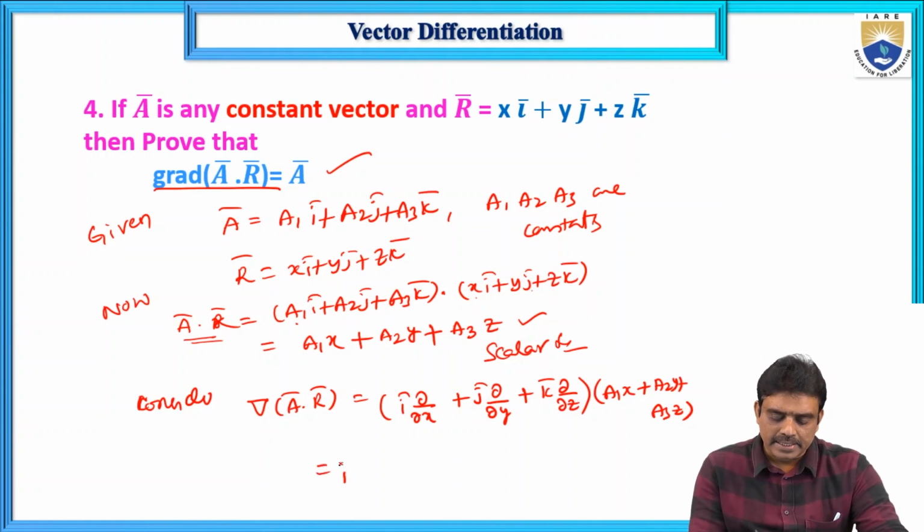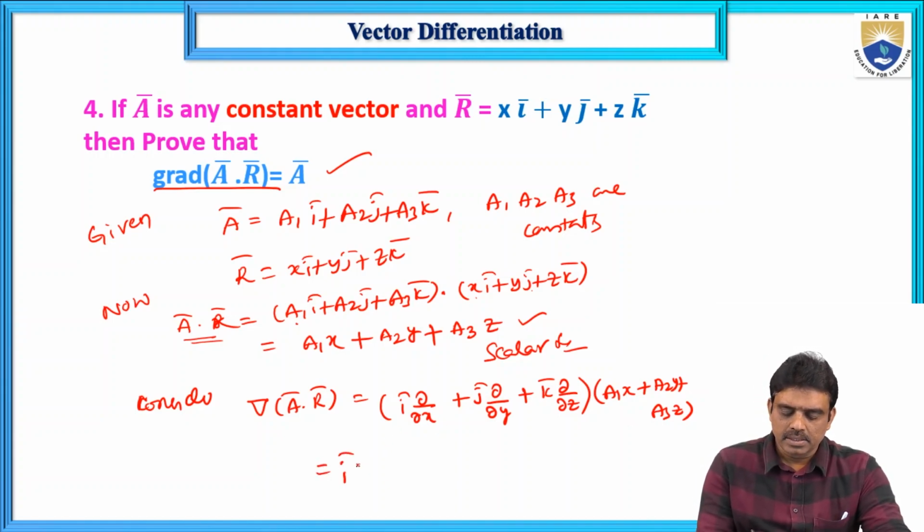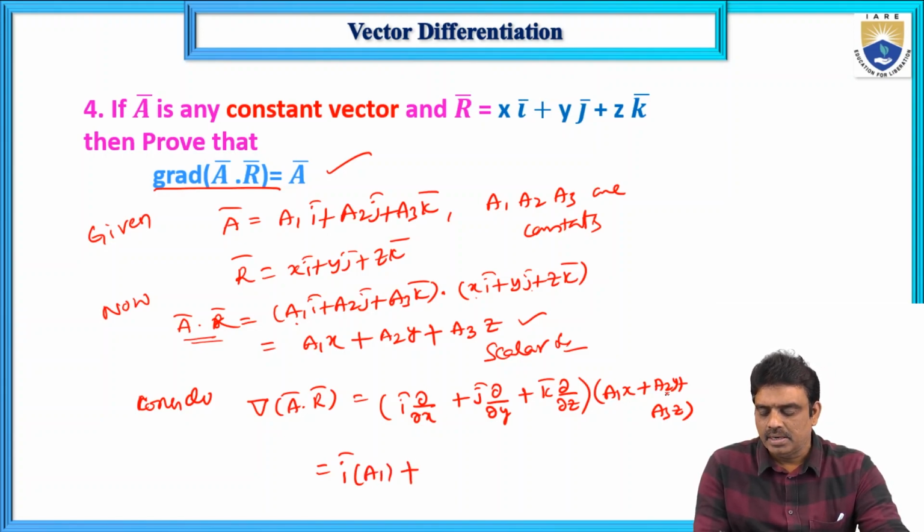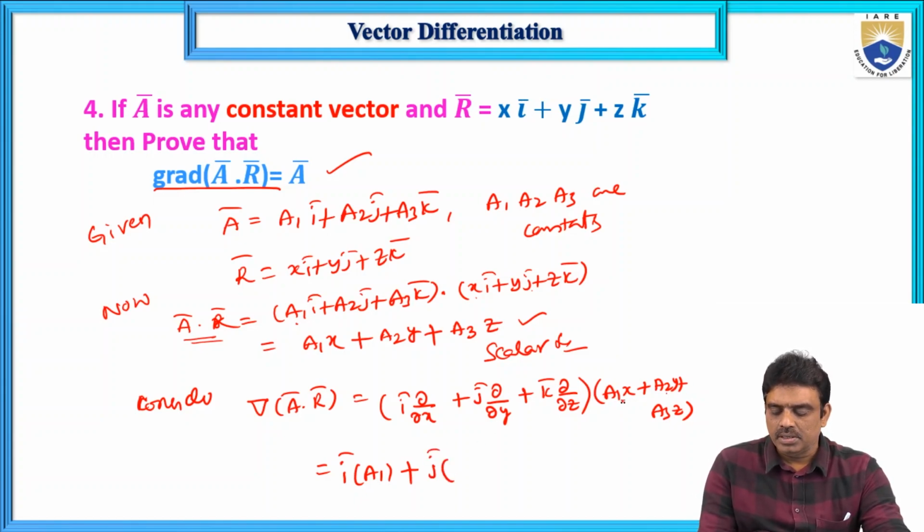So on operating each term with ∂/∂x, you will get only a1. ∂/∂x of a1x is a1; this is 0, this is 0. Similarly, j bar into ∂/∂y of the entire function. With respect to y, x is constant and z is constant, so these two are 0. Only you get a2y, so that is a2.